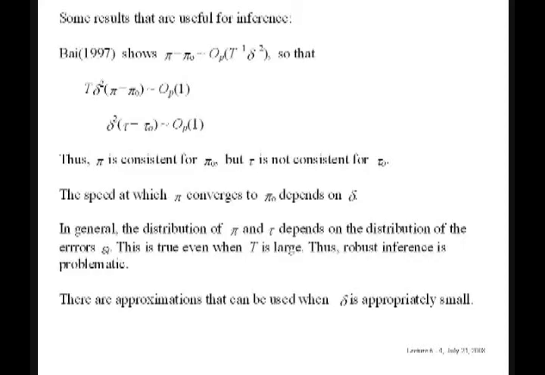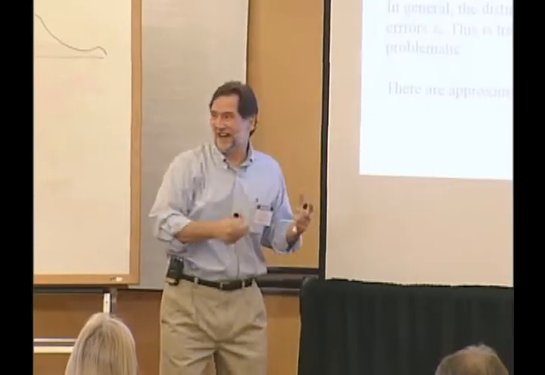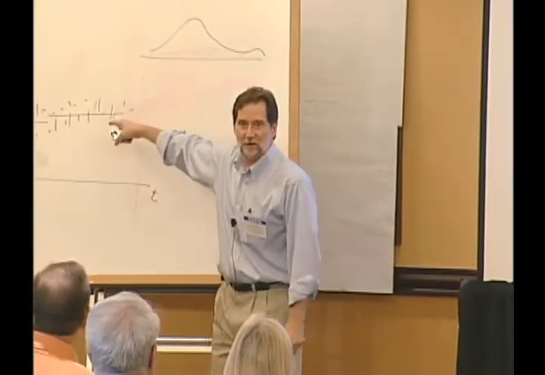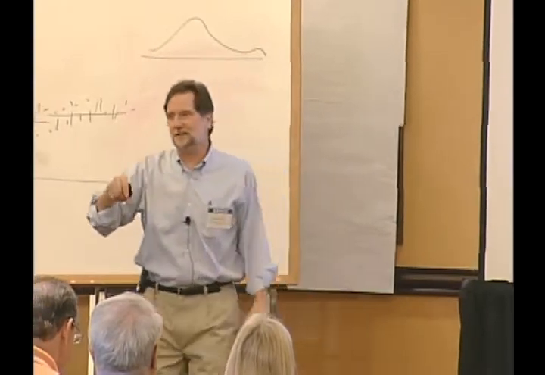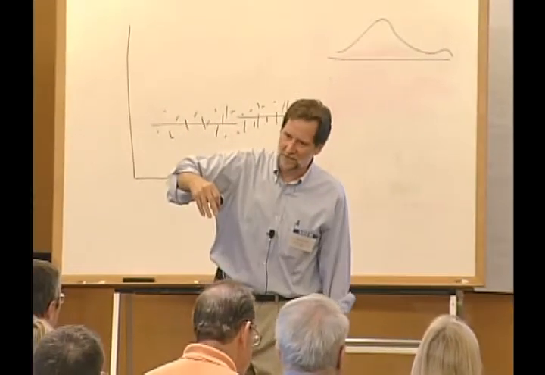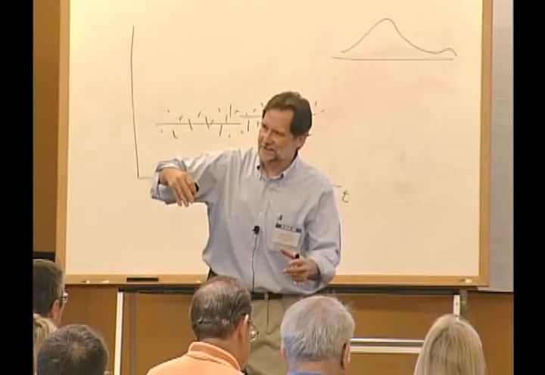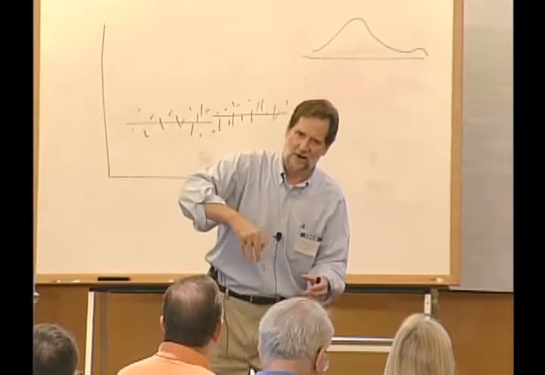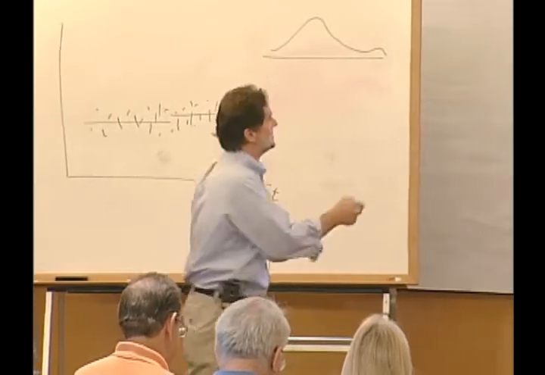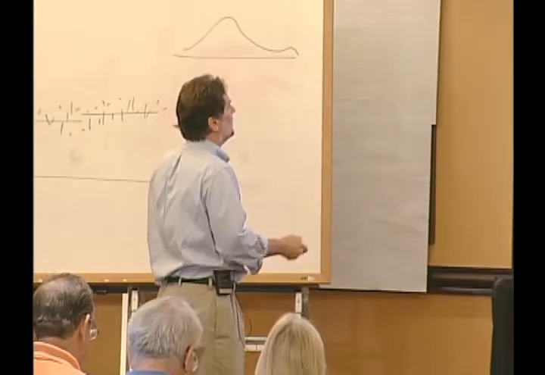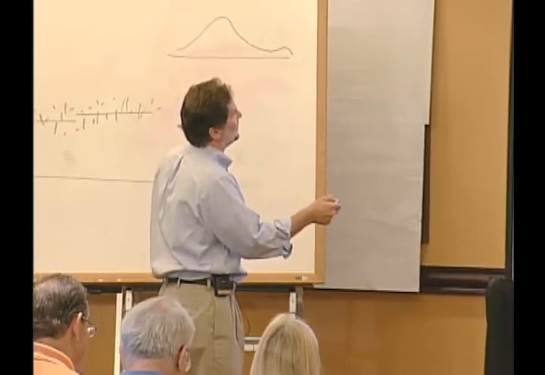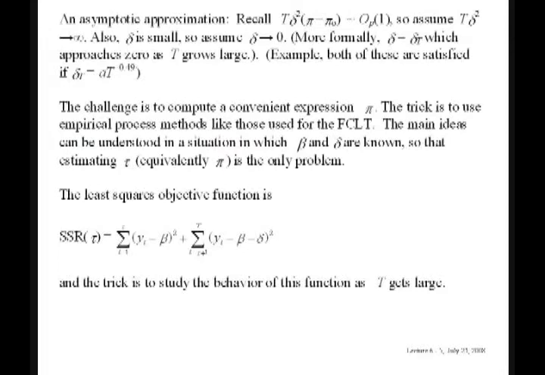So this guy's going to be big, but delta's got to be small, or else we run into this other problem. So t times delta squared is big, but delta's small. So delta has to be small, but not too small, or it would kill t. So this is a big number, that's a small number.